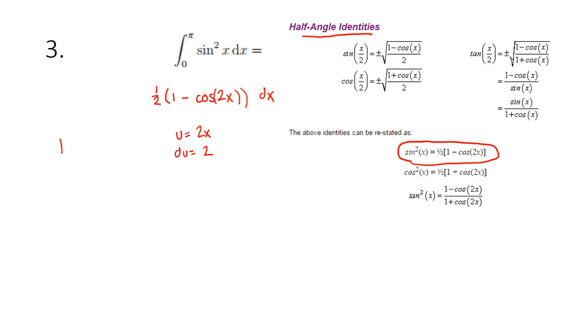I want to break this up into 1/2 times 1 minus the integral of 1/2 cosine of 2x. Okay? Now, if I take the integral of 1, I just have 1/2 of x.